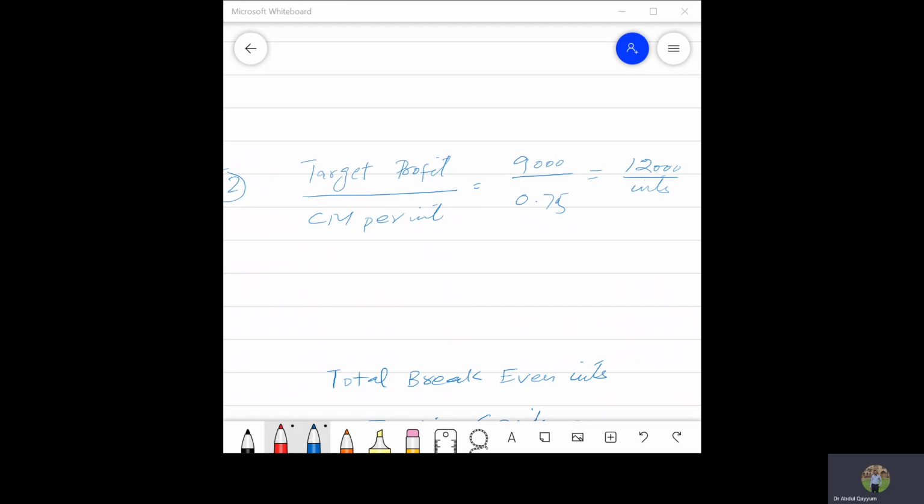So your break even units are 50,000. You can add these 12,000 units to your break even. So total 62,000 units are required to earn a profit of 9,000.